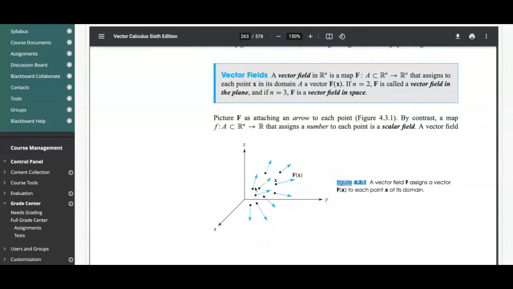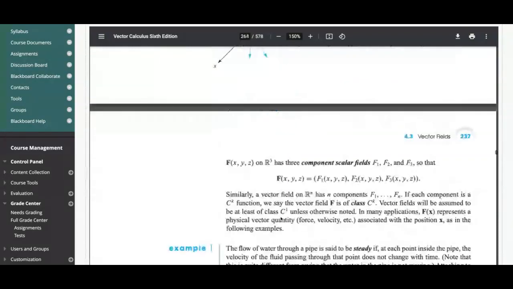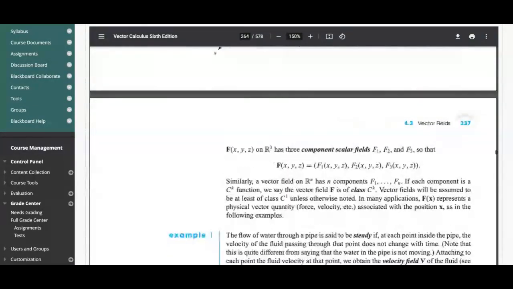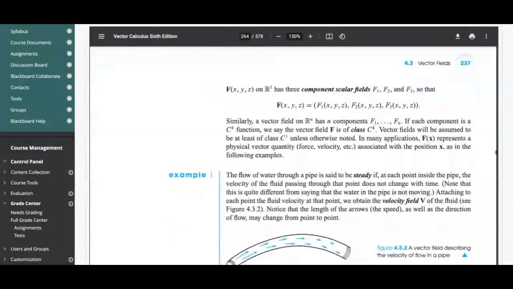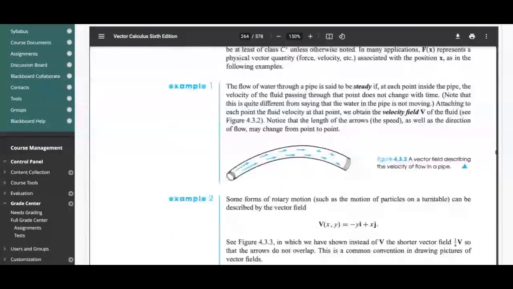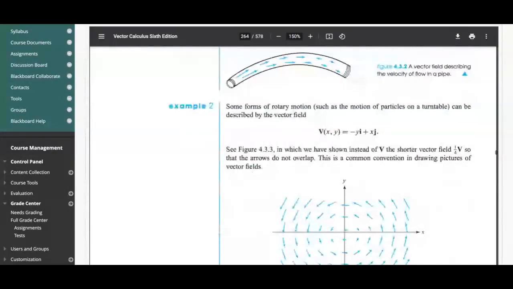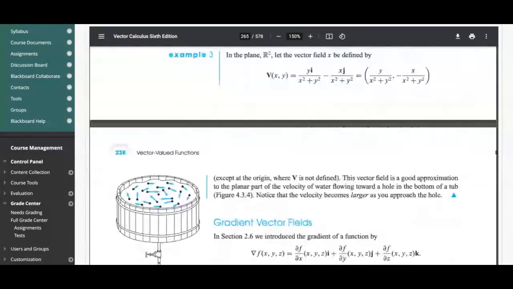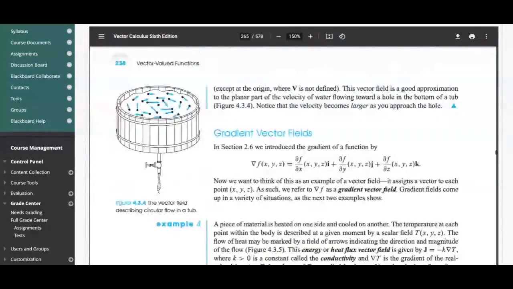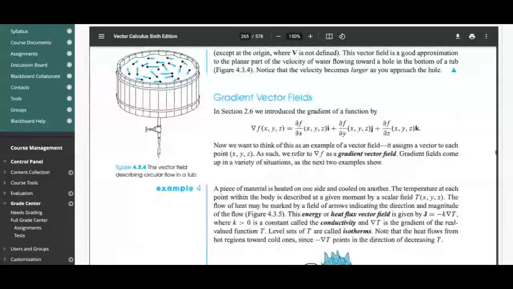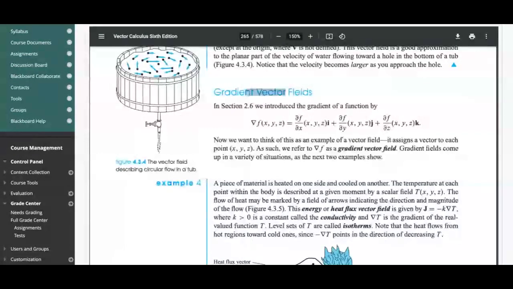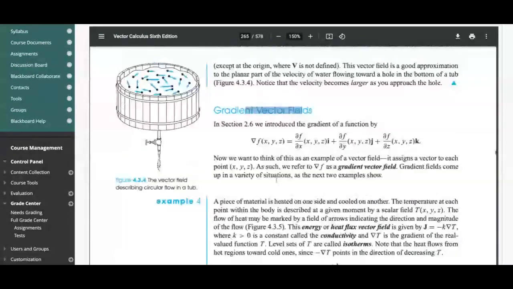So you see we have a couple of vectors and they create a field. Right, a gradient vector creates a gradient vector field.